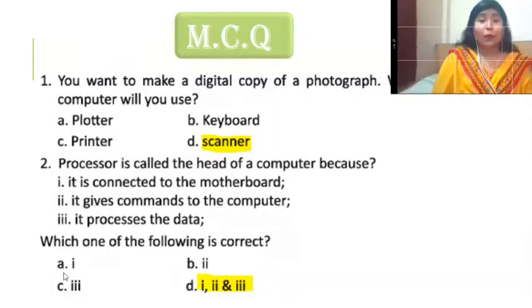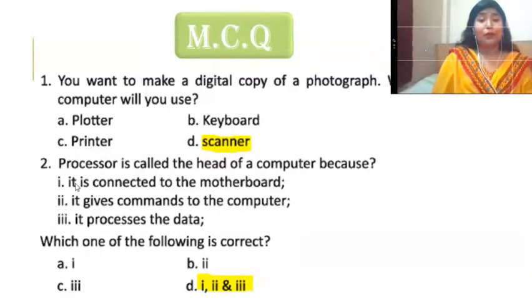Number A, 1. That means it is connected to the motherboard. B, 2. That is, it gives commands to the computer. C, 3. That means it processes the data. D, 1, 2 and 3.